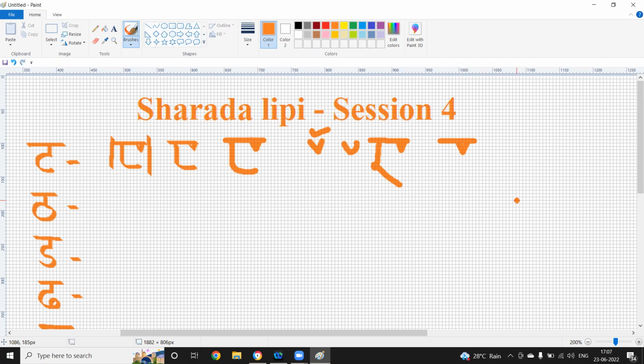Whoever joined the last session, this was mentioned: this particular letter is N, the nasal N from K Varg, and this also has a similar triangle towards the end of the Shirorekha, and the same triangle we are using here for T as well. This is just for the reference, I am drawing it here.